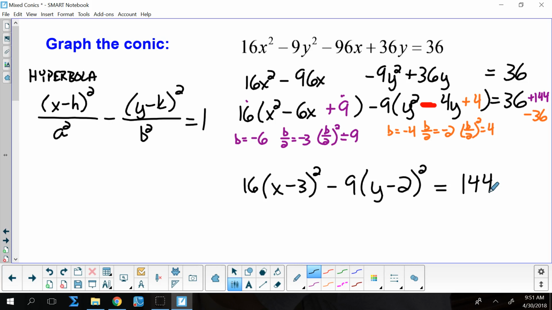Do I have it in my standard form yet? More importantly, I don't have it equal to 1. That's going to be my decider. So I'm going to divide by 144 there to get my equal to 1, which means I've got to divide there by 144 and there by 144.